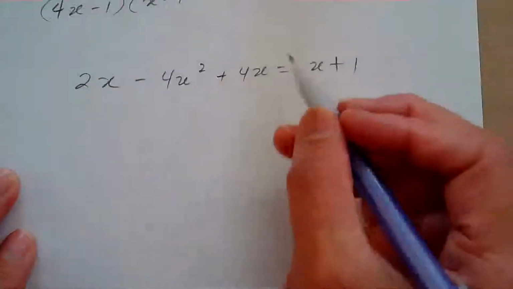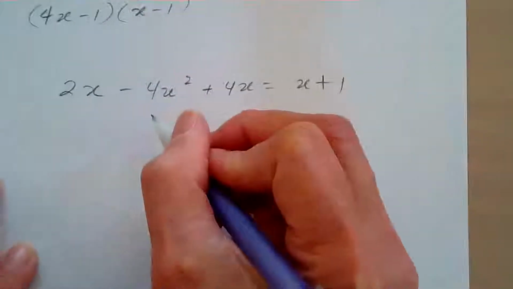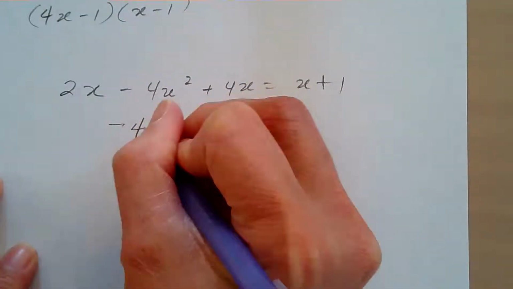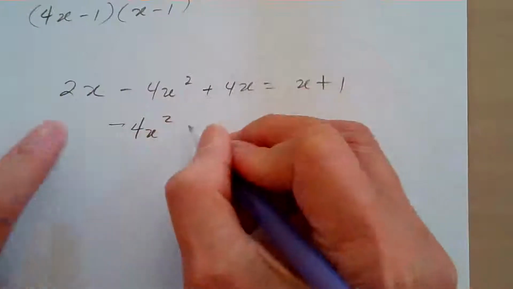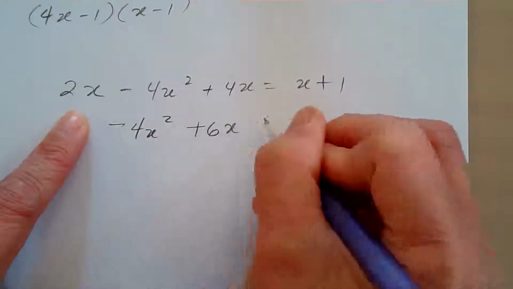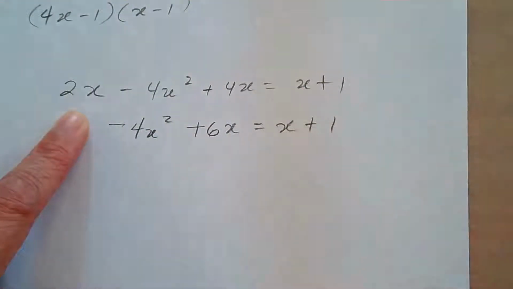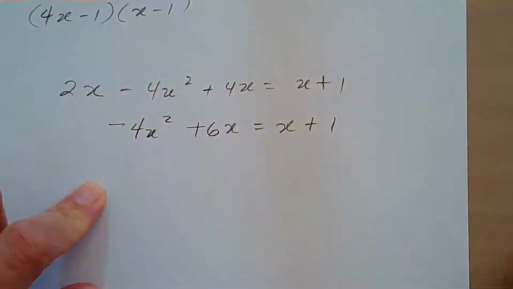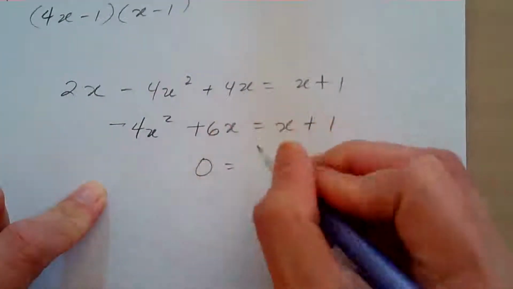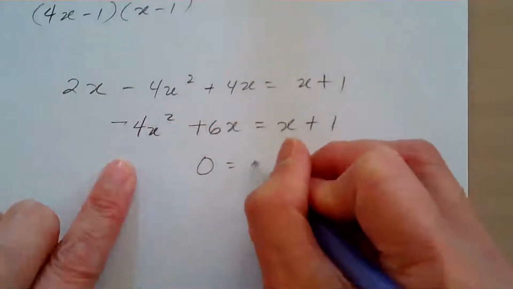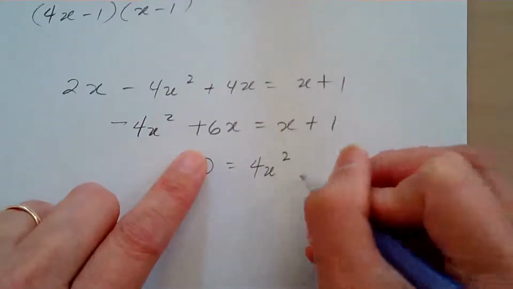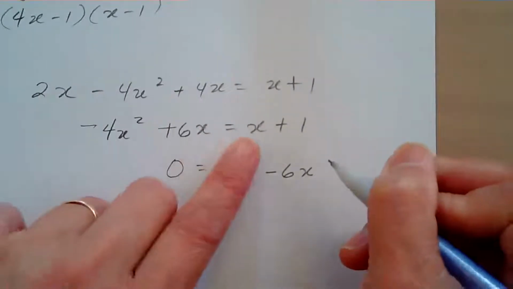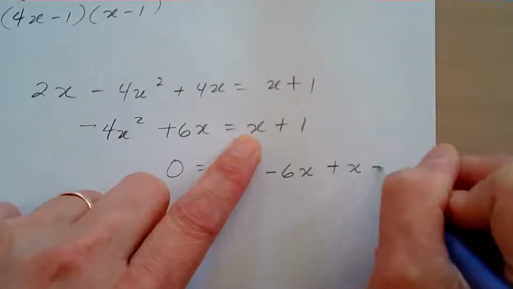Put that aside. So this now becomes negative 4x squared plus 6x equals 2x plus 1, yes? Okay. Now I'm going to put everything on the other side. So this becomes 4x squared minus 6x plus x plus 1.